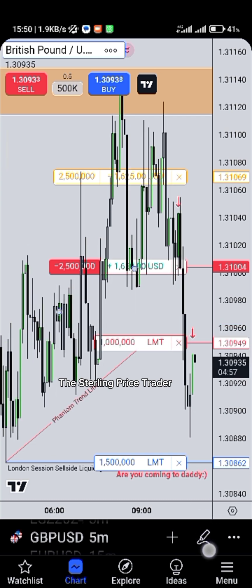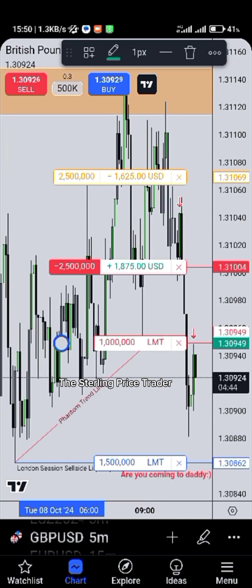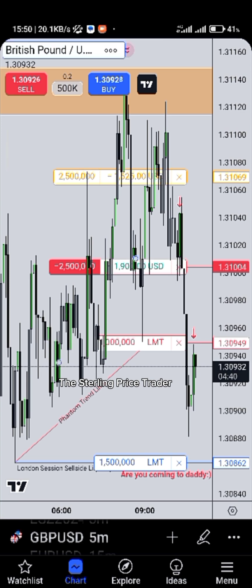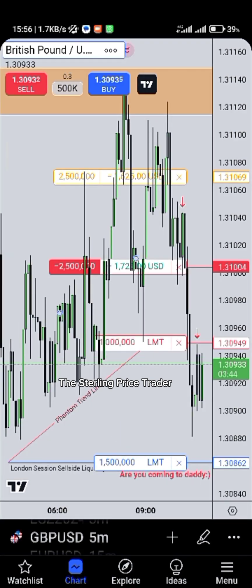No. That was funny. Remember that level, 1.30949, is a higher time frame bearish order block, the 4 hour bearish order block. Price is just distorting. I don't know if it will be getting that 1.30949.